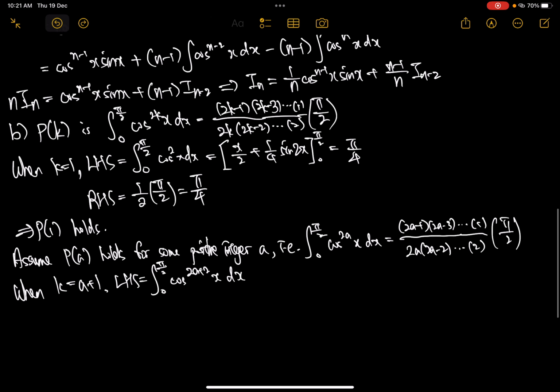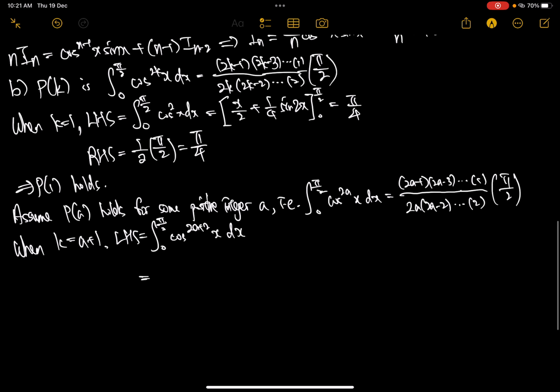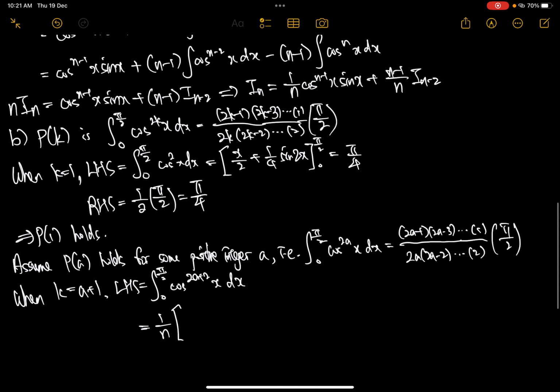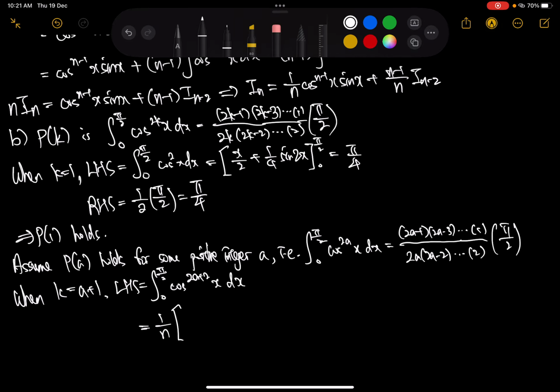And let's just do it. This means left hand side is 1 over n, and 1 over n is just 1 over 2a plus 2. So let's write that down really quickly. 1 over 2a plus 2 because of that term.